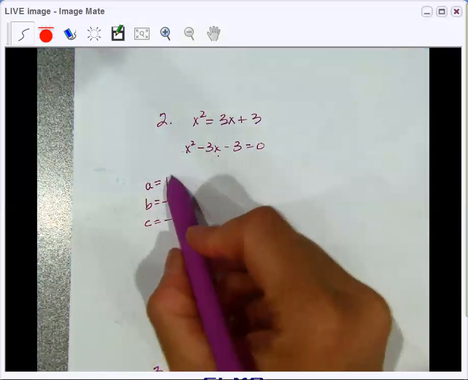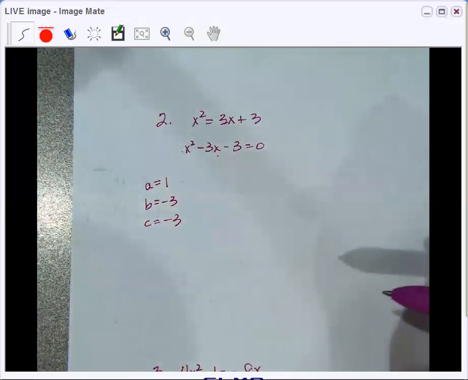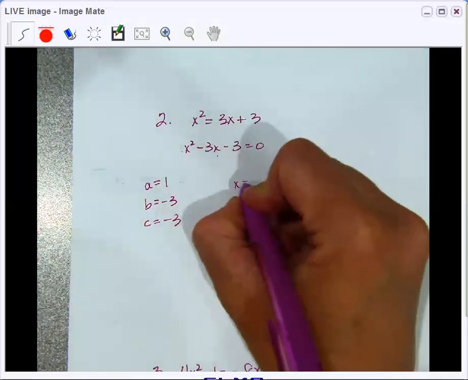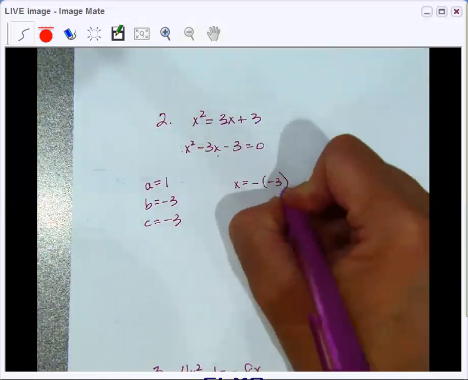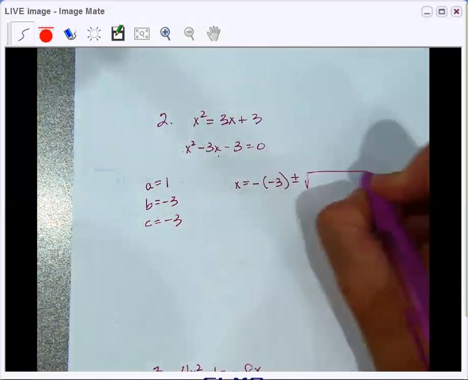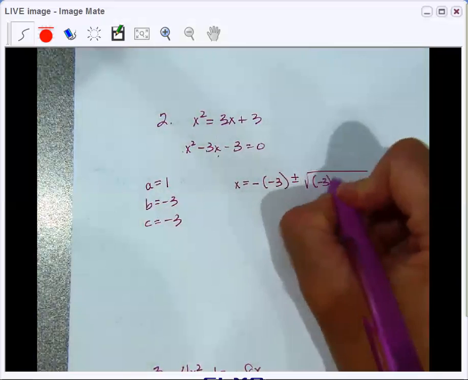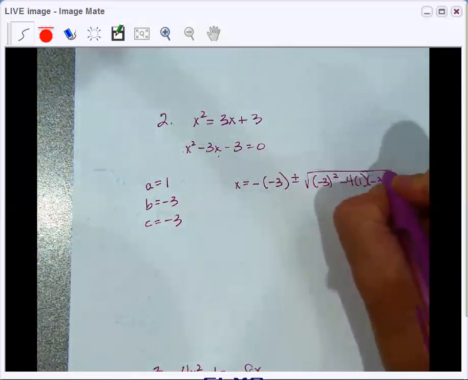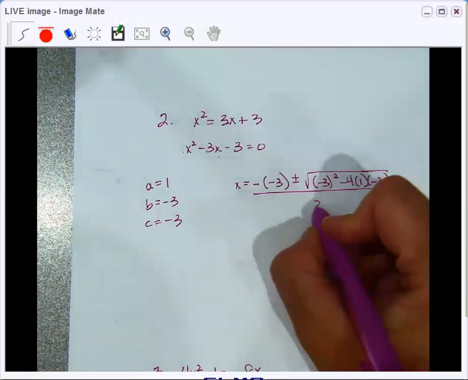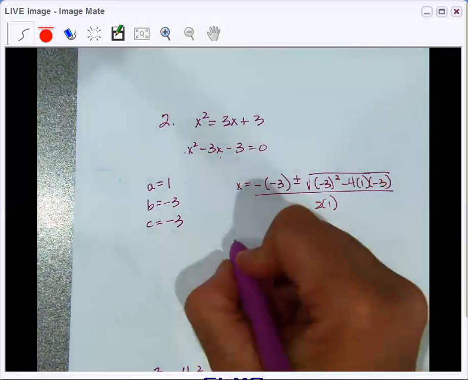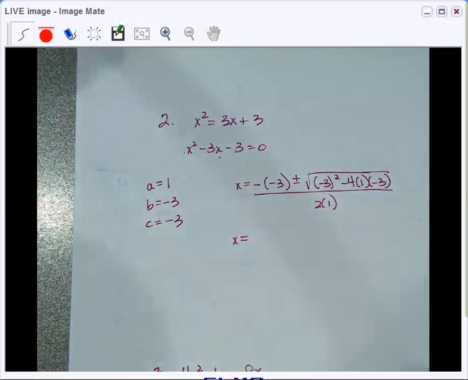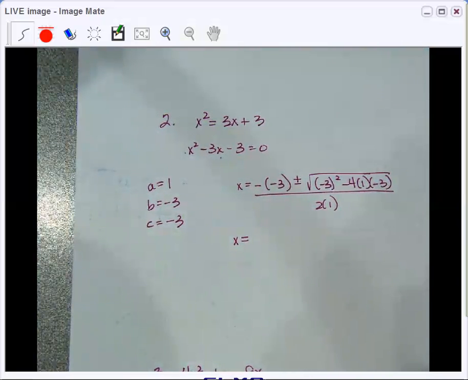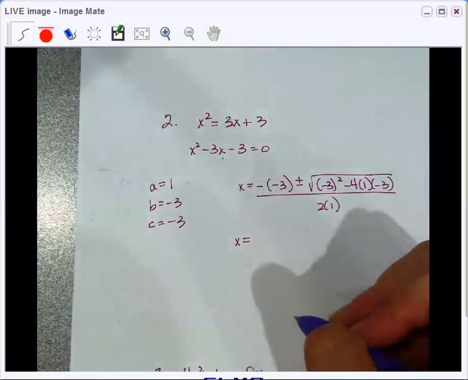Okay, so hopefully you have your A, B, and C correct. So x equals the opposite of b plus or minus the square root of b squared minus 4 times a times c, all over 2 times a. So where did I tell you your most common error is going to be? By the -4.